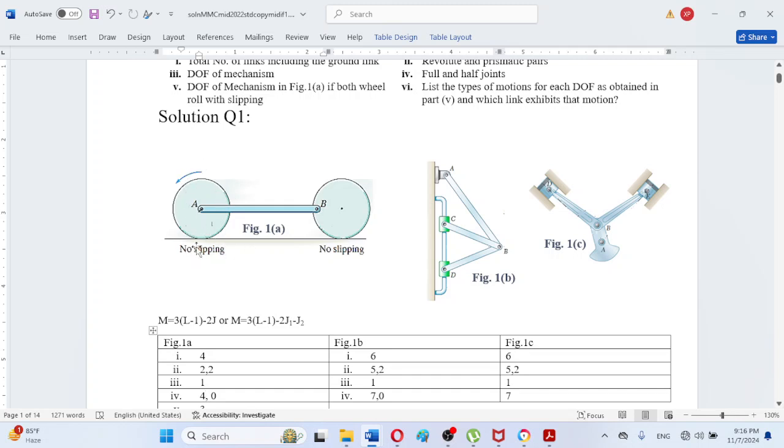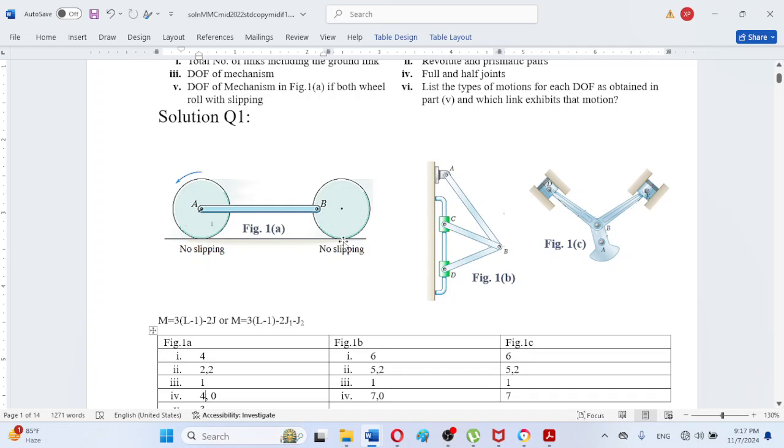For example, we can assume that this horizontal surface is like a rack and these two wheels are like pinions. So as in a rack and pinion connection, there is no slipping, or alternatively we can state them like friction discs. In friction discs there is no slipping, meaning there is a one-to-one contact when they purely roll.